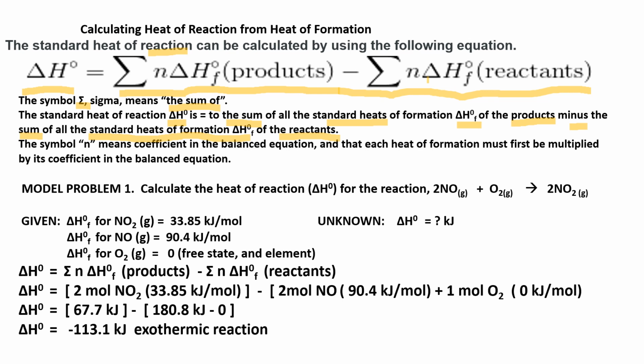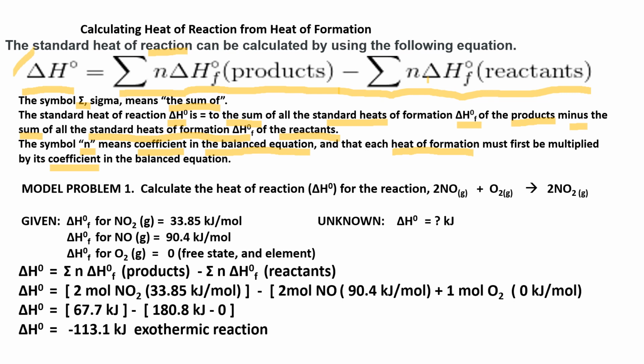And the symbol N means coefficient in the balanced equation, and that its heat of formation must first be multiplied by its coefficient. So let's go back to this equation.